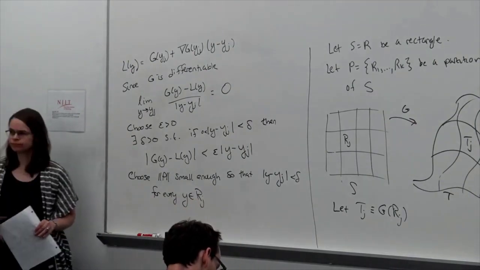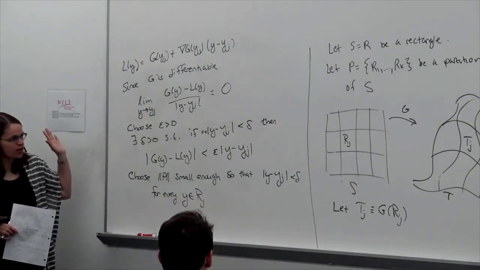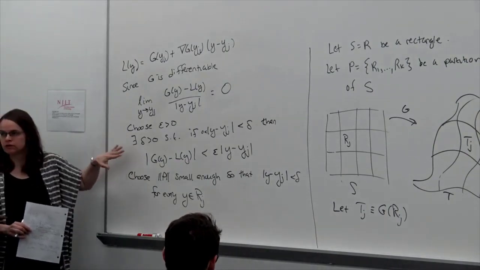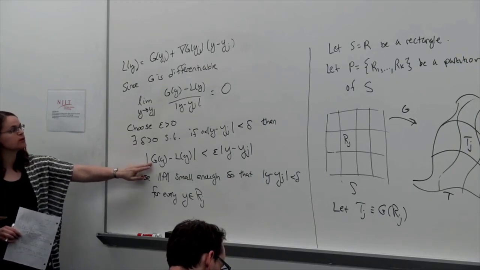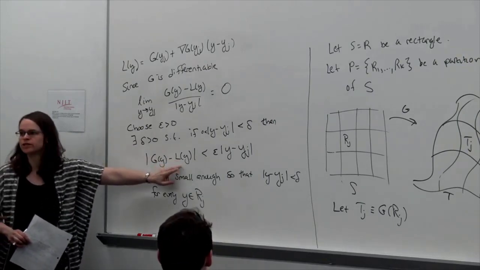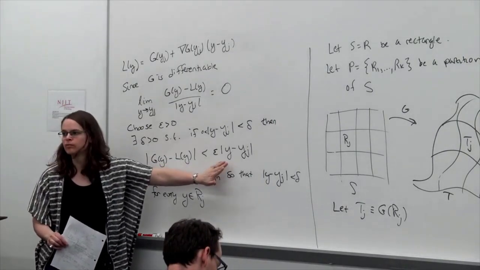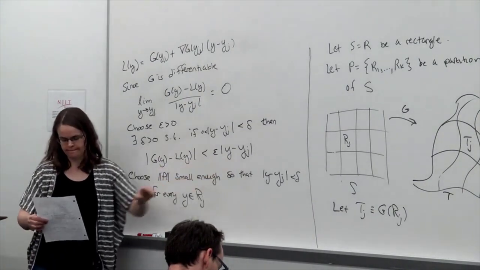All right, and as long as I'm there, I can use this inequality, this estimate. I can say that g of y, my transformation, looks exactly like this linear transformation plus an error that is bounded. It's at most this.